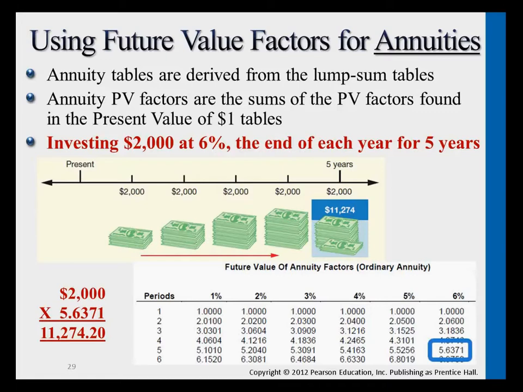We'll take the initial investment of $2,000, and we'll multiply it by the future value of annuity factor, which in this case is 5.6371. So when you're using the table, you need to make sure you're using the correct one, right?